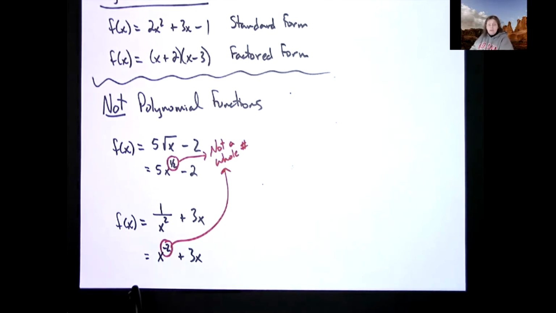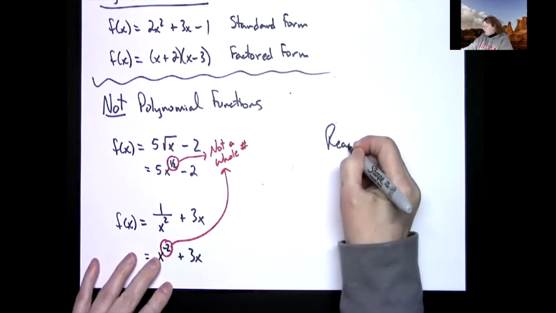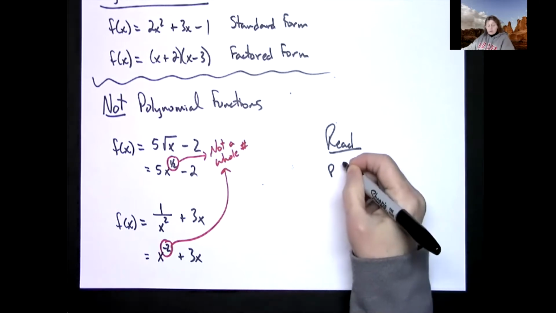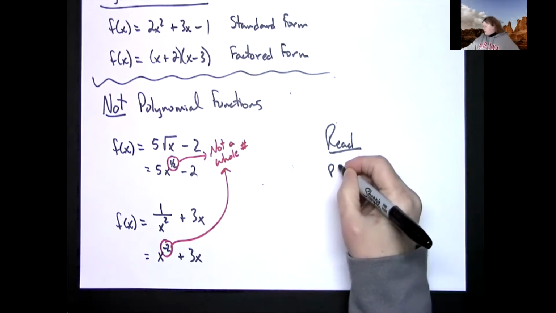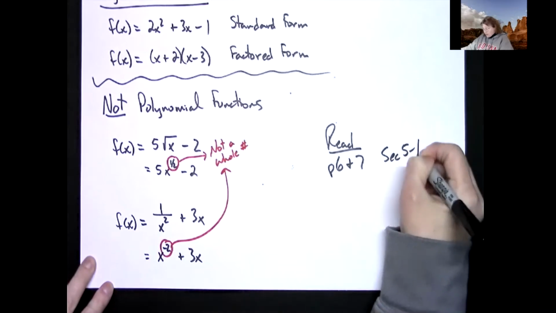Now the rest of section 5.1 talks about the leading coefficient test and sketching polynomial curves. You don't have to do a lot with that right now. I would definitely read in detail pages 6 and 7 in the notes of section 5-1 of my online notes.